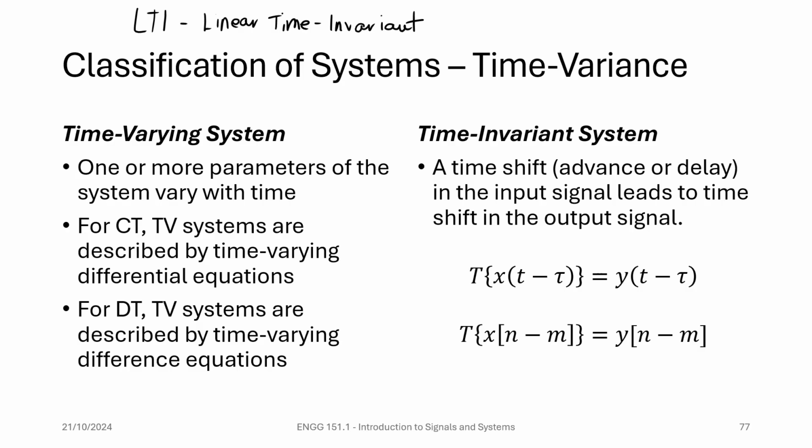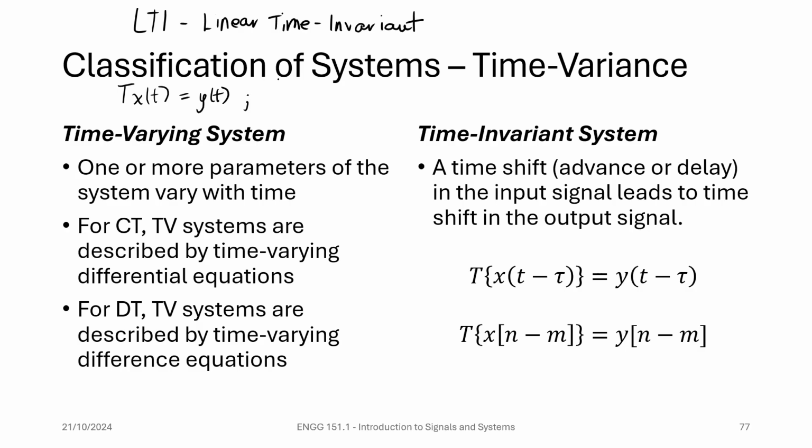Okay, ano nga ba si time invariance or ano ba si time variance? When we say time variance, okay, one or more parameters in the system vary with time. Meaning, if you have a certain input x of t, say, this yields to y of t. Tama? 'Di ba? So, if we're going to perform a certain operation.